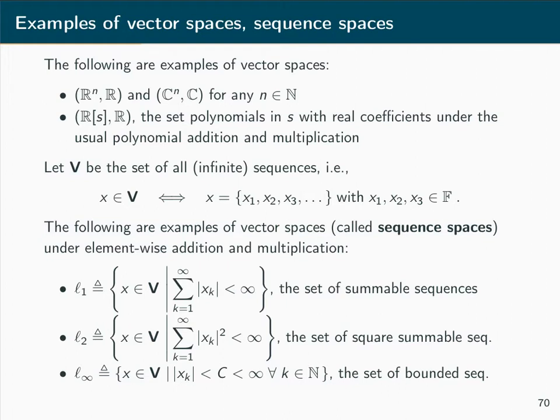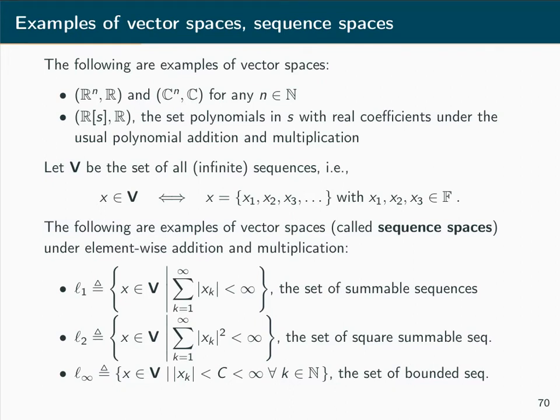The second important sequence space is the space L2, which consists of all infinite sequences that are square summable. So now we take all of the elements of the sequence, which is an infinite sum again, but now we take them squared, and this has to be bounded, so less than infinity.